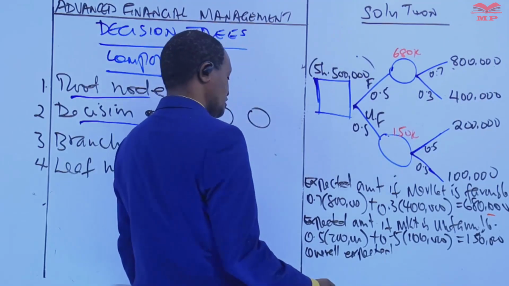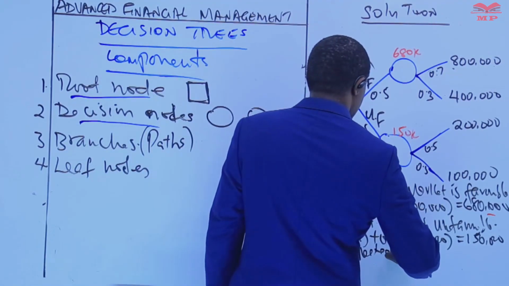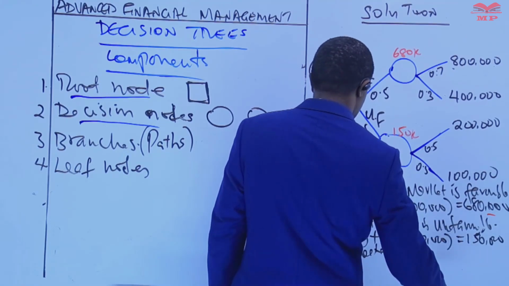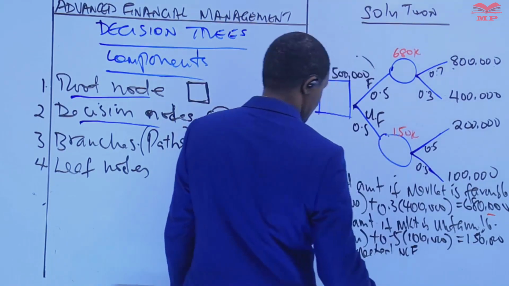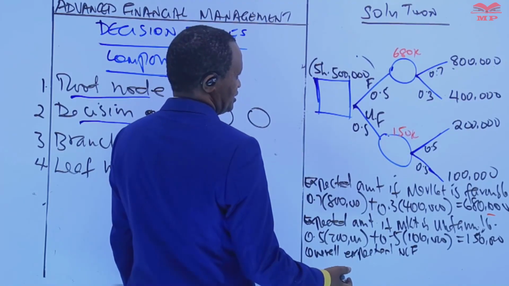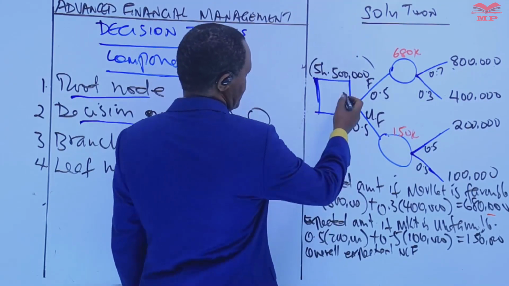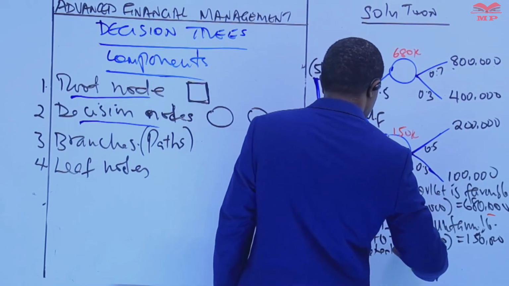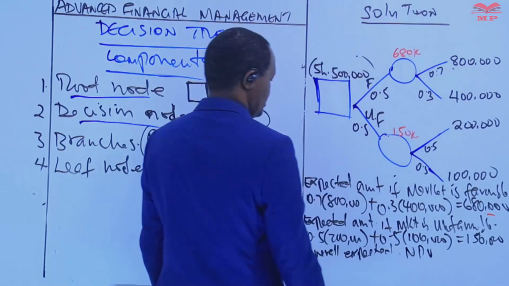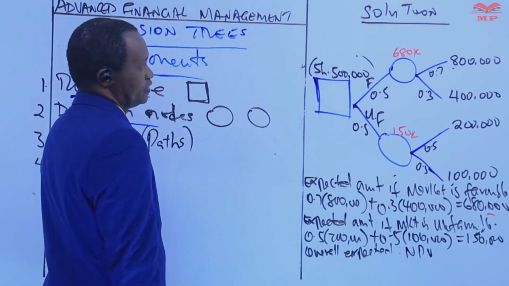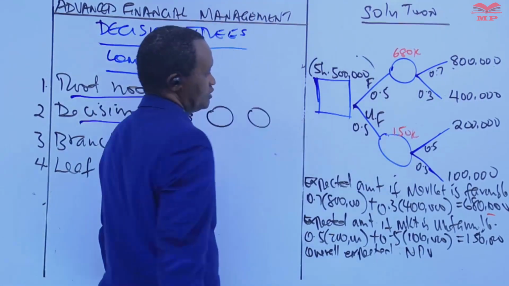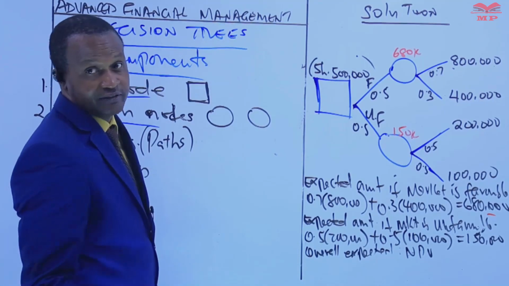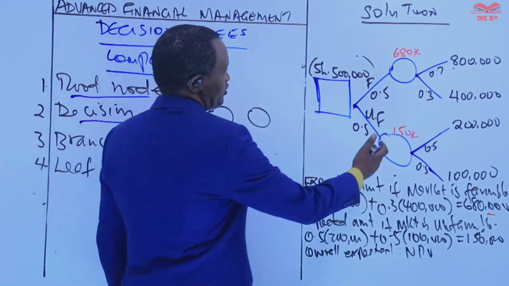So the expected net cash flows or present value cash flows, the overall expected amount, or even the overall expected NPV, because these are inflows.